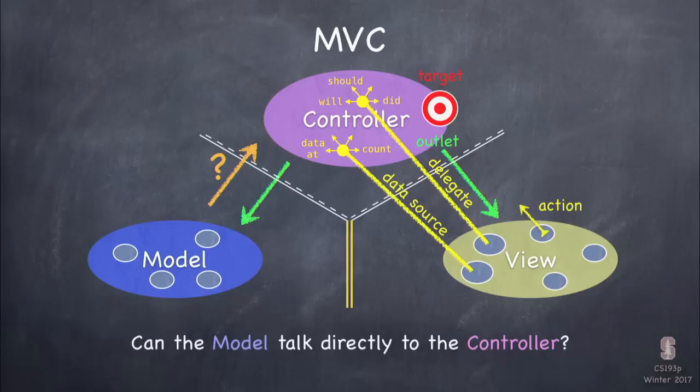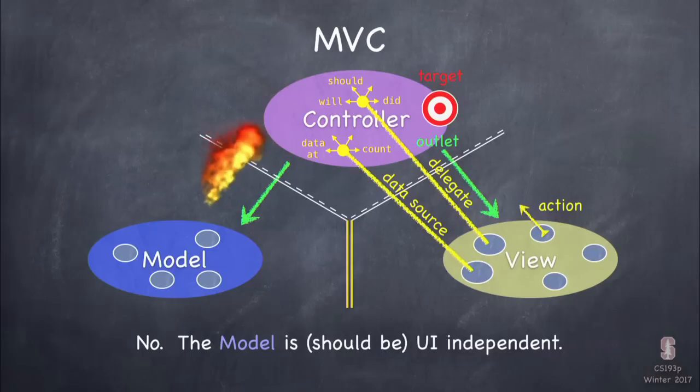All right, now what about the model communicating with the controller? Now, this can never happen as well. Because the model is UI independent, it knows nothing about any particular UI, so there's no way it could talk to a UI guy like the controller. So what happens, though, if the model changes, the data changes? That controller needs to know because he wants to update the screen in that case. Well, the way we do that is with a model that kind of looks like a radio station.